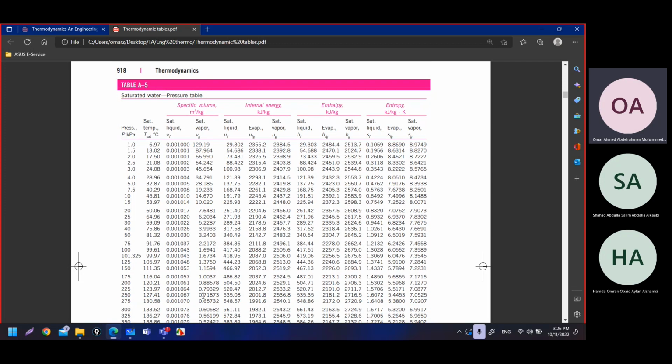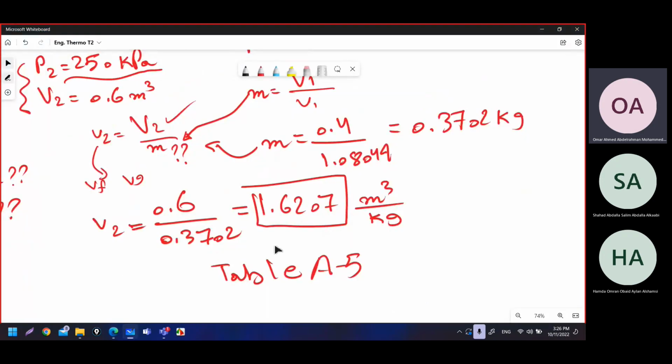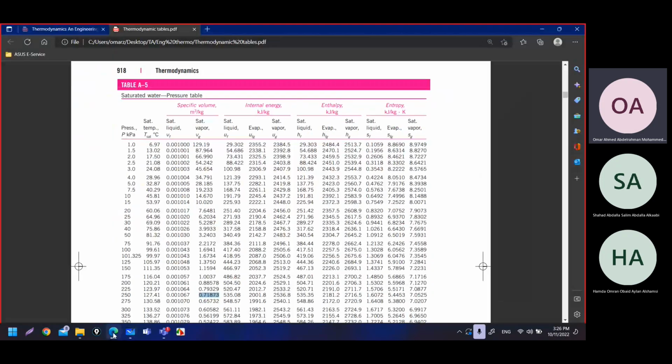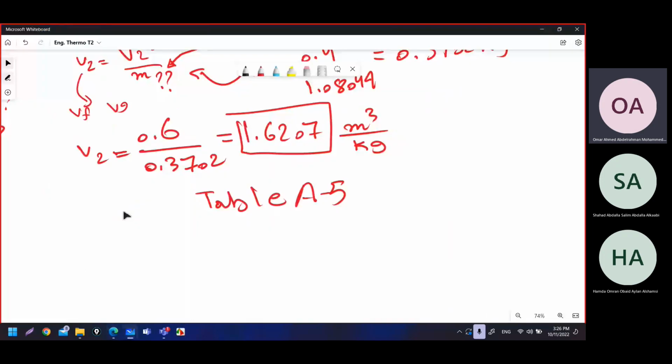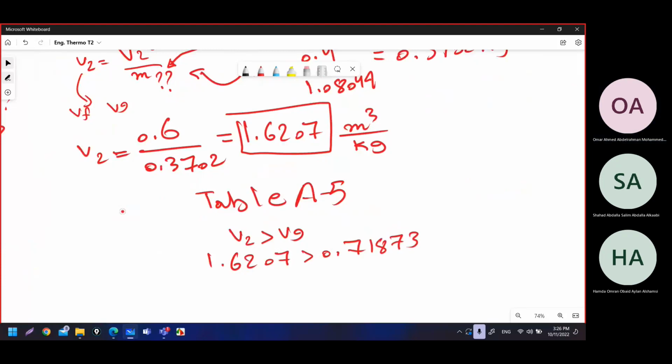As you can see, VG is 0.71873. My specific volume is 1.6207, so it is higher than the saturated vapor specific volume. So it is also a superheated state. So V2 small is higher than VG: 1.6207 is higher than 0.71873, and this means that it is superheated.